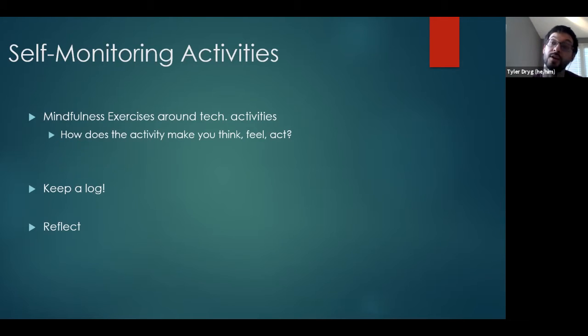And then you can think about whether those thoughts, feelings, behaviors, those interactions with whatever tool you're reflecting on are healthy for you, or if there's something in there you'd want to improve on or change. And so this is really an individual activity.